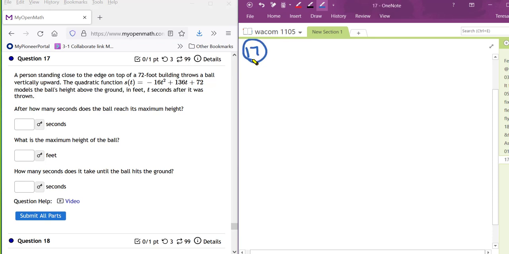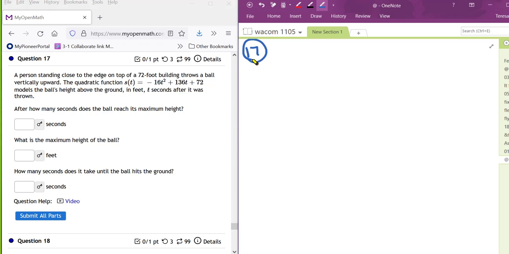So we have a person standing close to the edge on top of a 72-foot building that throws a ball vertically upward. This is our quadratic function that models the ball's height above the ground in feet t seconds after it was thrown.